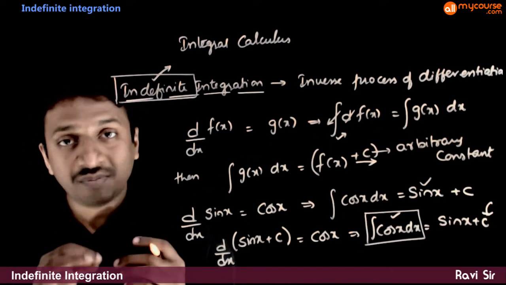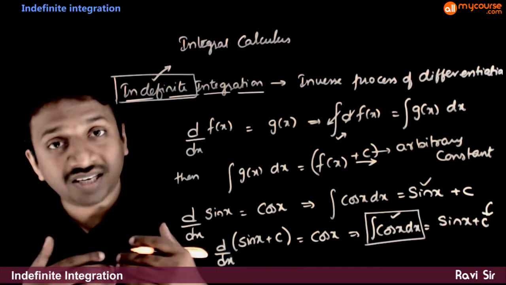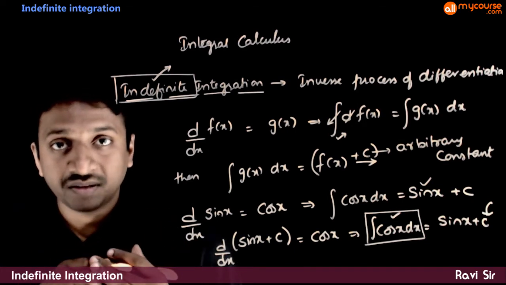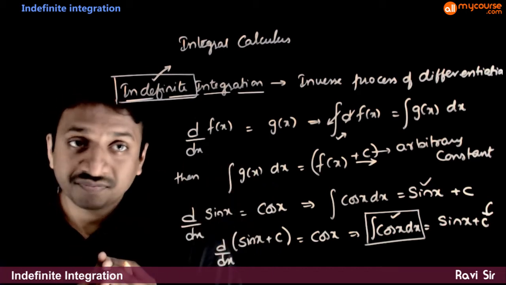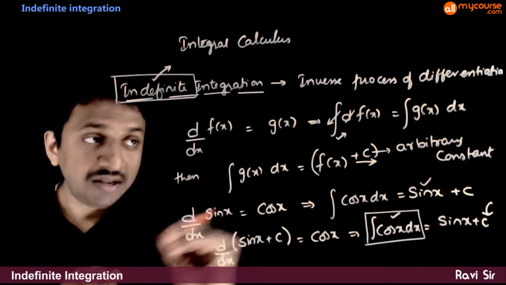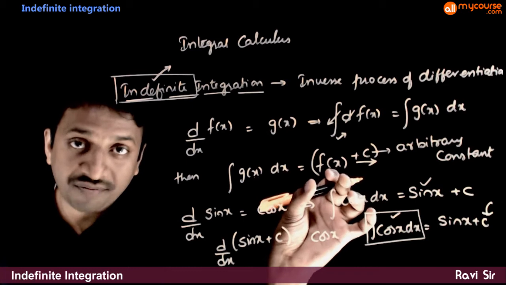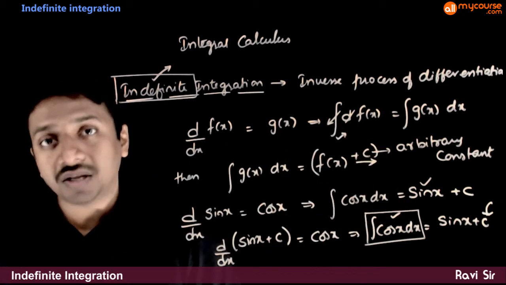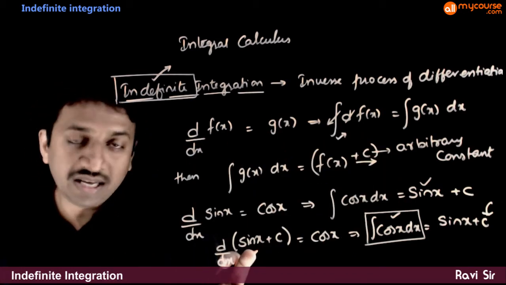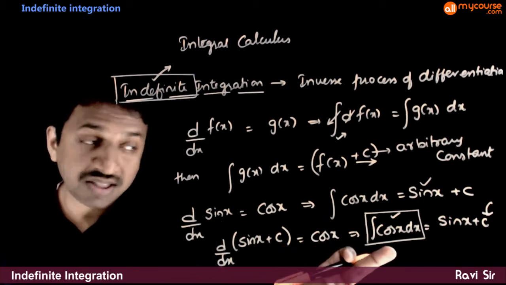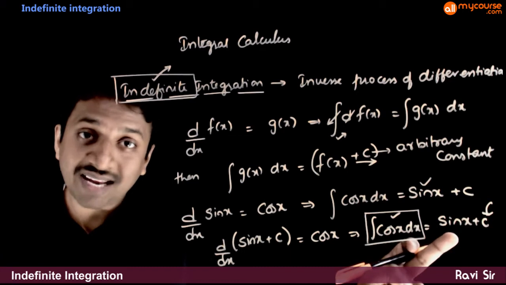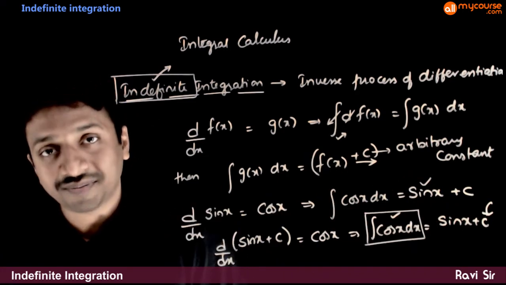This is the important thing that you need to remember in the definition of indefinite integration. When you integrate any function dx, you get the function f of x plus an arbitrary constant c. So integration of cos x dx is equal to sin x plus some arbitrary constant.